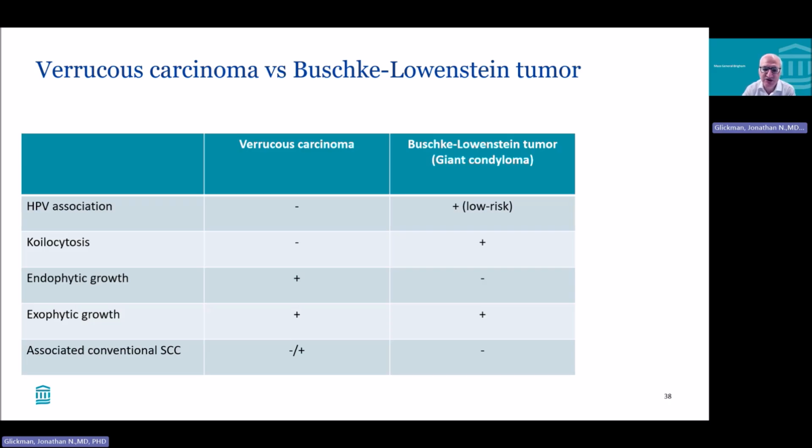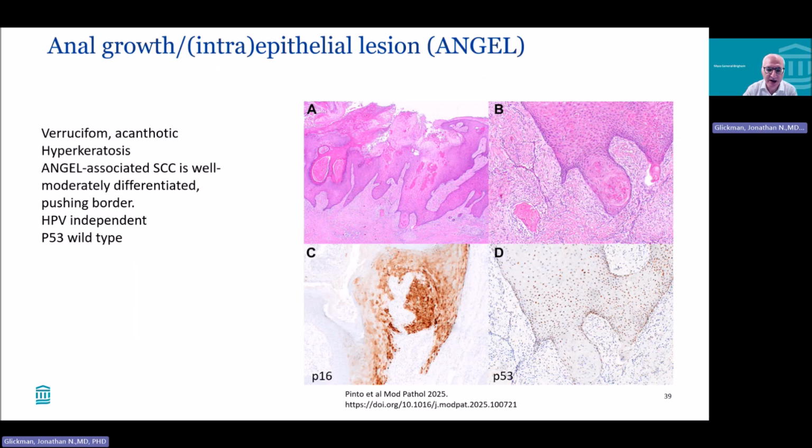They should be distinguished from a so-called giant condyloma or Buschke-Lowenstein tumor, which is an HPV lesion, but not a cancer, low risk HPV associated, but again will mostly show exophytic growth and can become quite large and cause a lot of morbidity, but is strictly speaking not malignant. So those can be difficult to distinguish from each other.